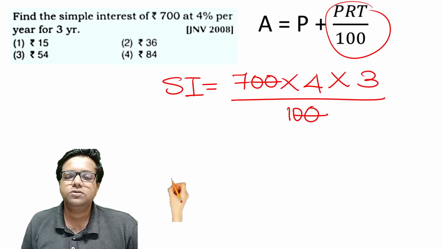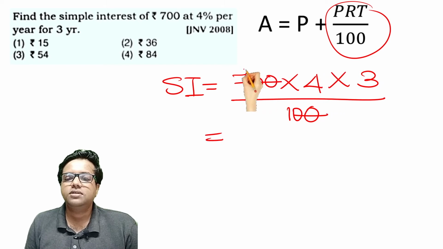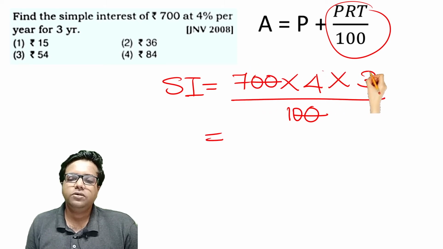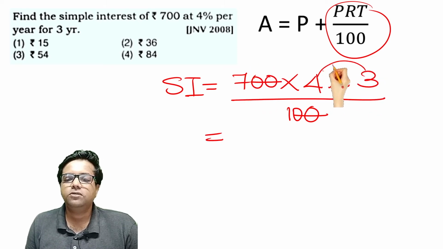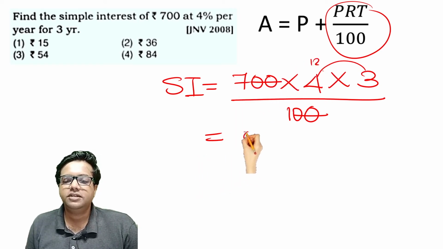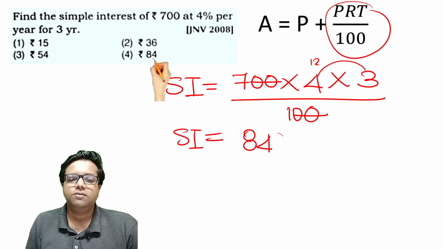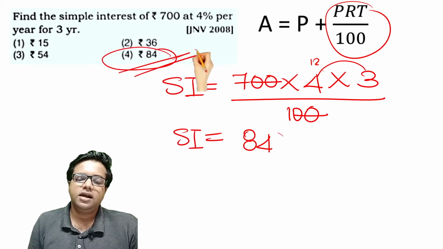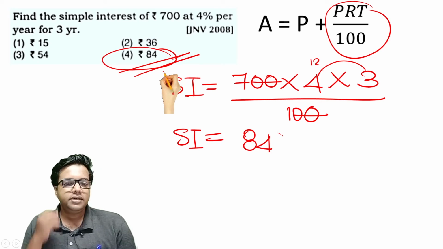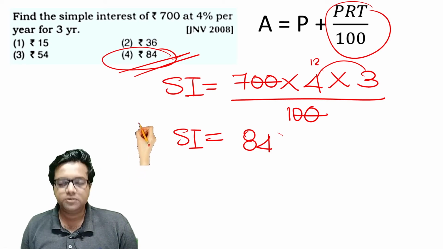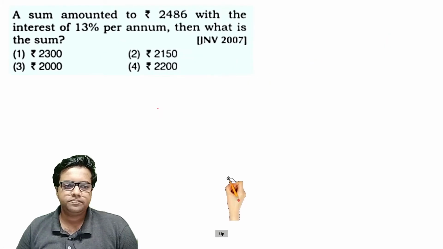Two zeros go away here. 7 into 4, or you can do it the other way also. 4 3s are 12, 12 7s are 84. So 84 rupees is the simple interest one has to pay after 3 years at 4% per annum interest. So option 4 is the right answer for this question.